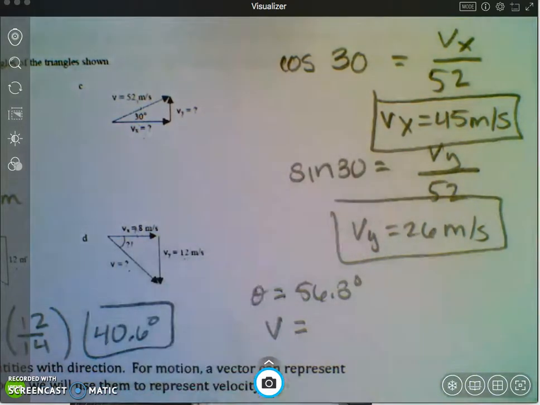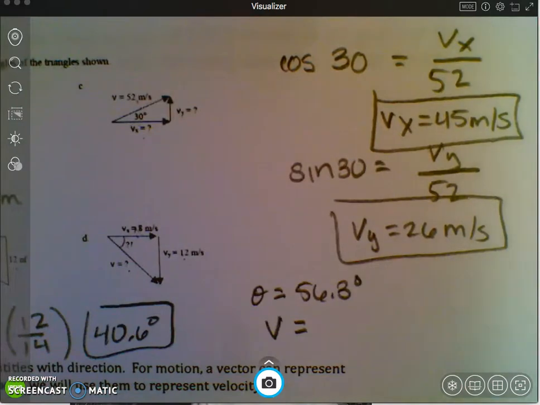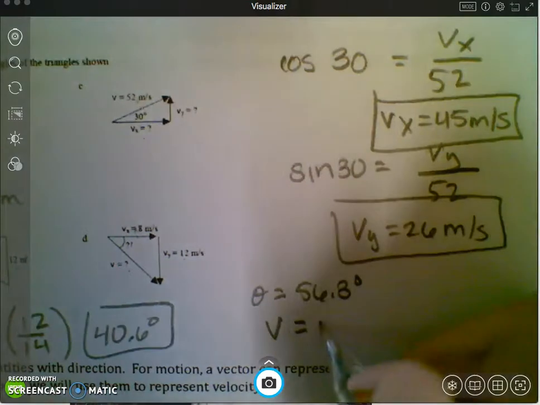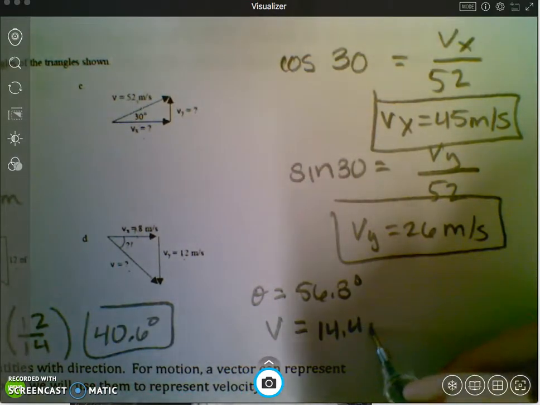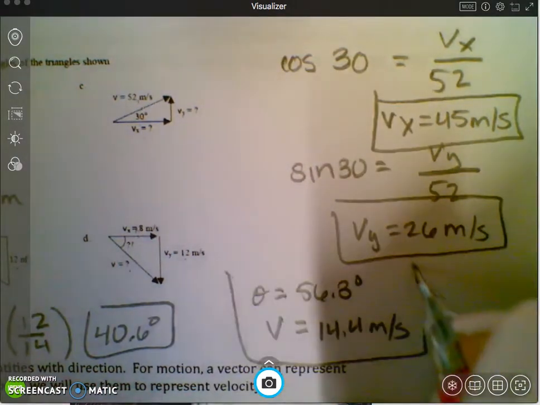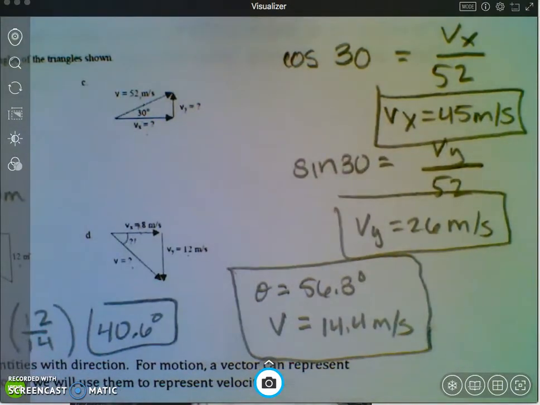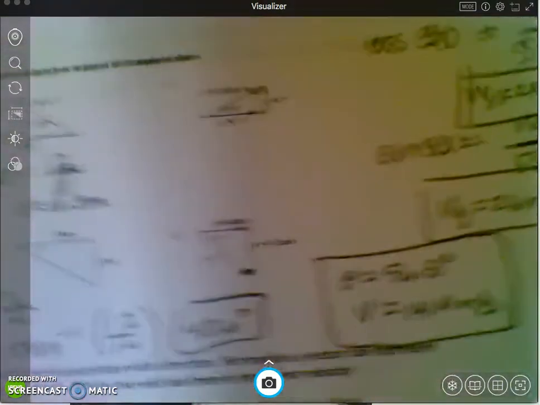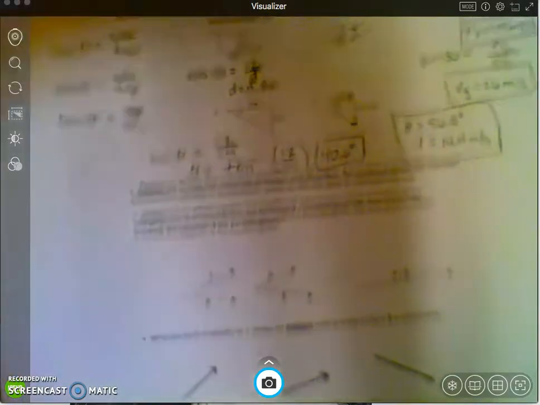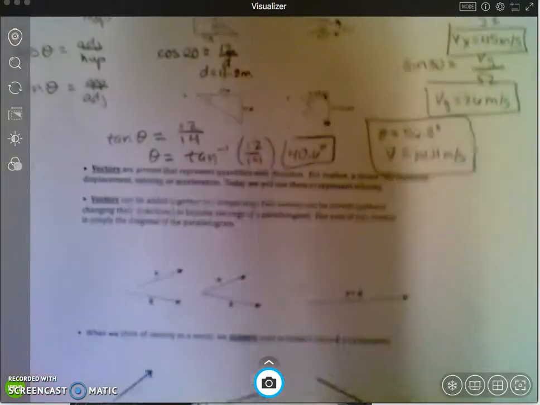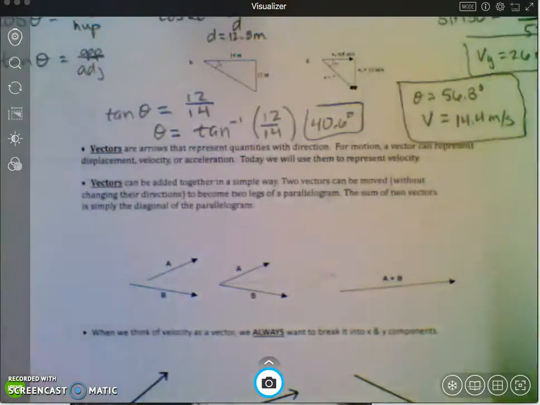So 8 squared plus 12 squared, and then square root that answer. So I got 14.4, and we're in meters per second. Okay. If you're having trouble with that, please come see me, because we're going to skip right past that now, and things are going to get a little bit more difficult here.